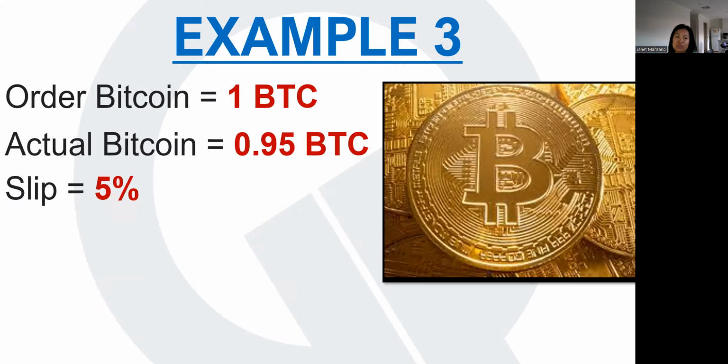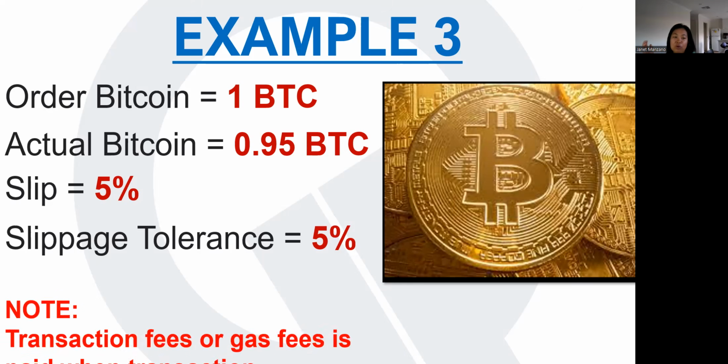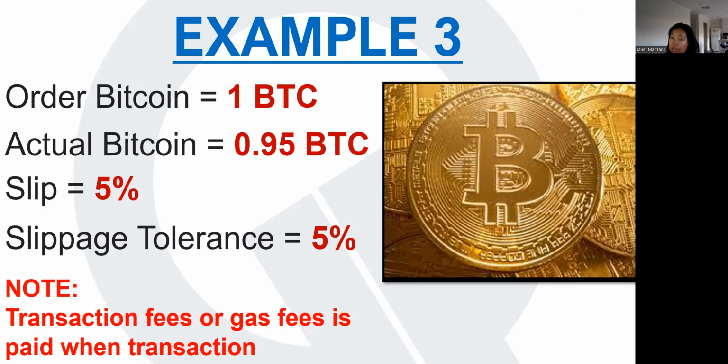So meaning to say, if you had set a 5% slippage tolerance by the time that you made the order and by the time it was executed, the transaction will proceed because 0.95 is still within the slippage of 5%. But if that becomes lower, then it will not happen. It will just give you a failed transaction.